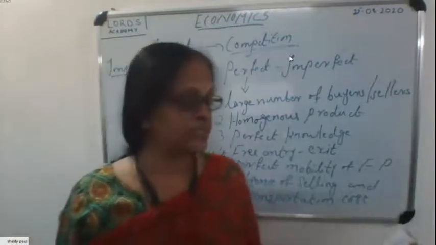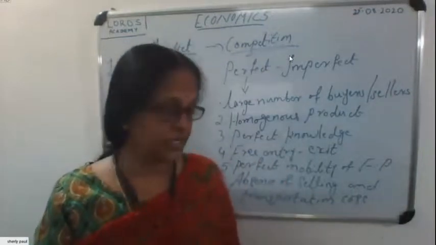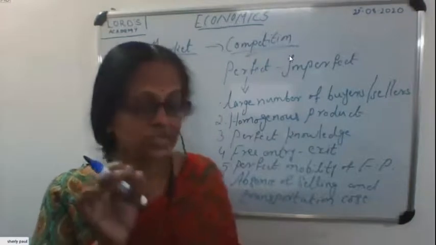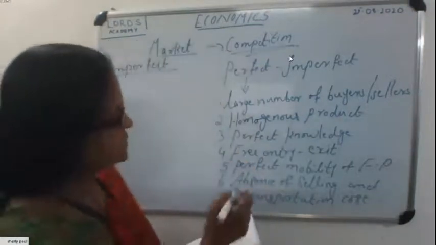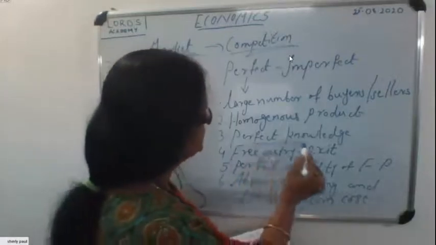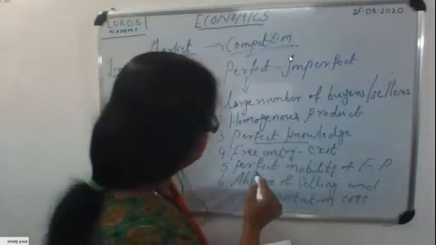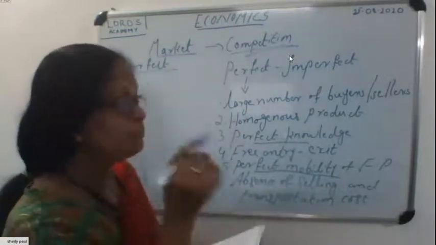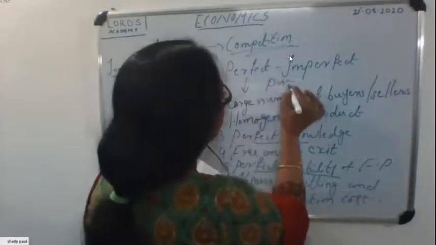Here, perfect competition and pure competition. They are saying that pure competition has all the features of perfect competition except perfect knowledge and perfect mobility. These two characteristics may not be there in pure competition.